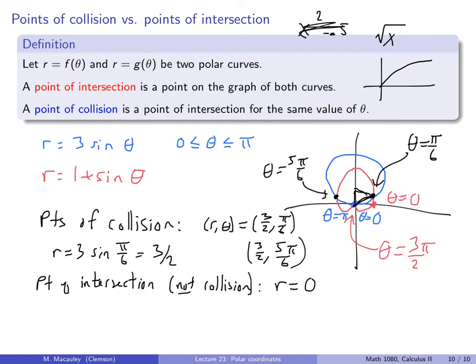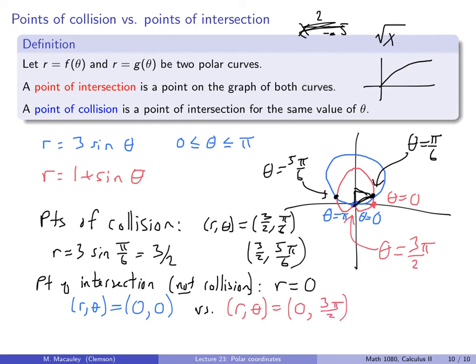So how do I want to say this? The first curve has (r, theta) equals (0, 0), at the origin, and the other curve passes through with radius 0, but now theta is 3 pi over 2.